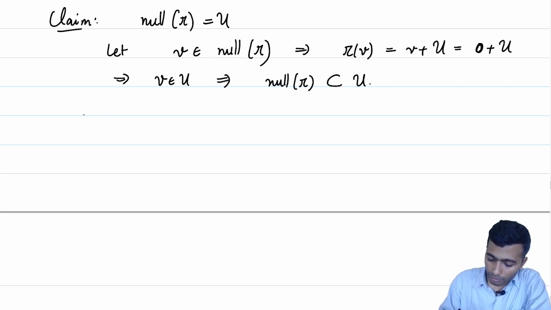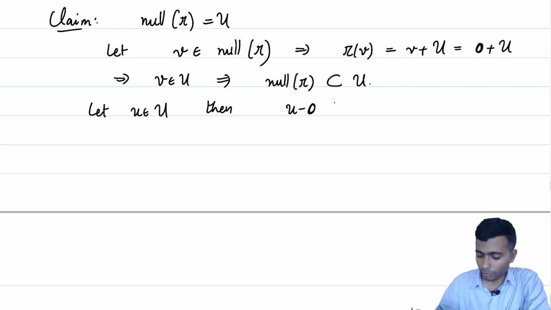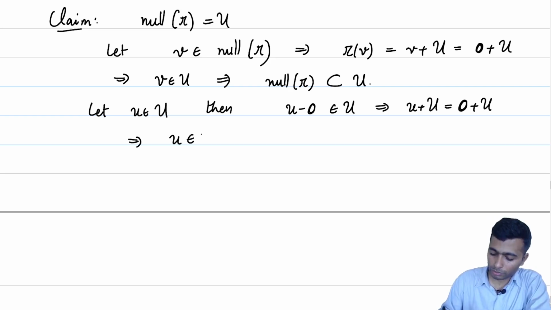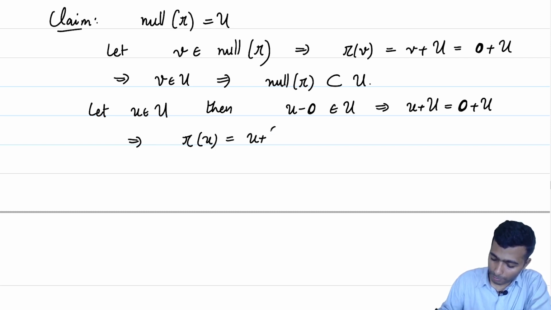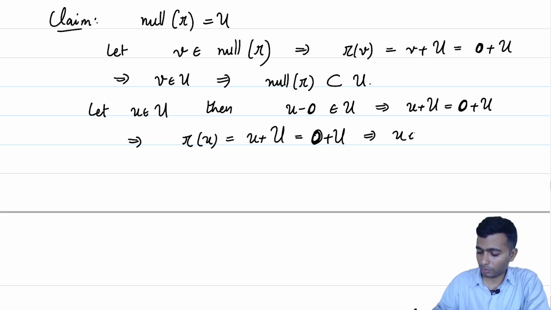Now, let u be an element of capital U. Then u minus 0, which is equal to u, belongs to U, which implies u plus U is equal to 0 plus U, which implies pi of u, which is equal to u plus U, is equal to 0 plus U, which implies that u belongs to the null space of pi.